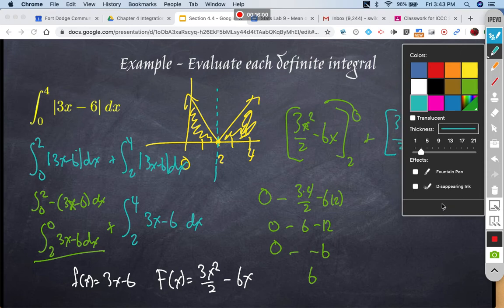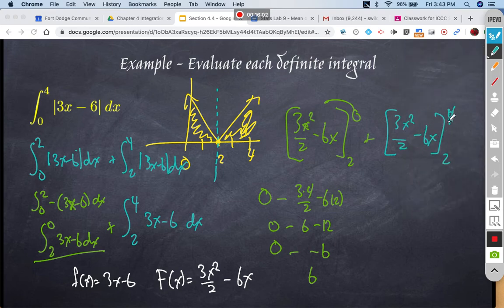Now when I go over to this one, I'm going to evaluate it at 4. And so I'm going to get 3 times 16 over 2 minus 6 times 4.